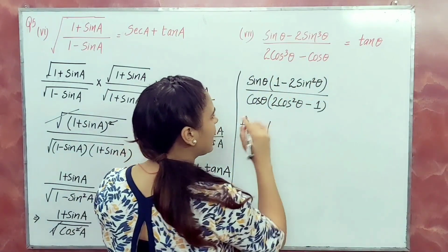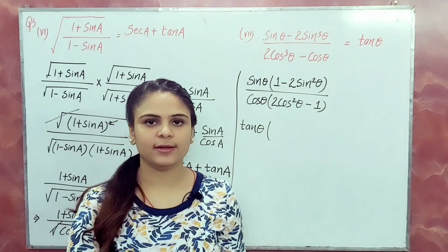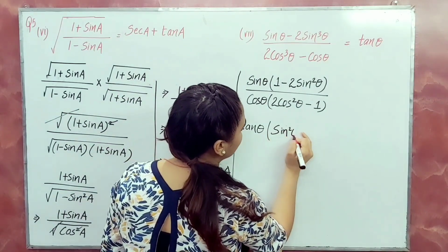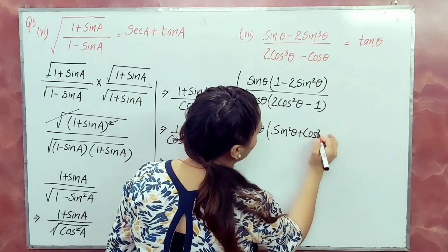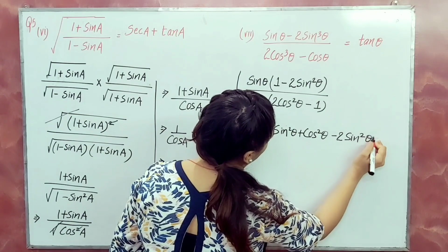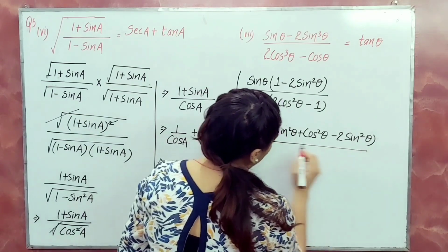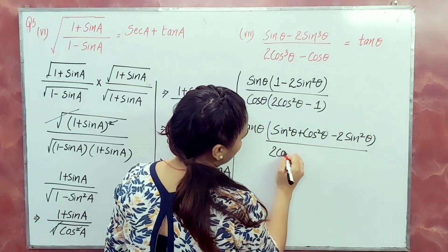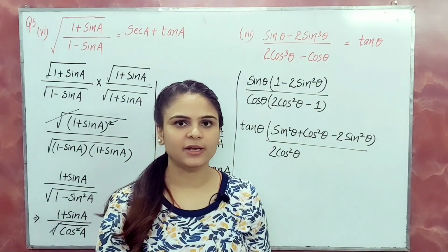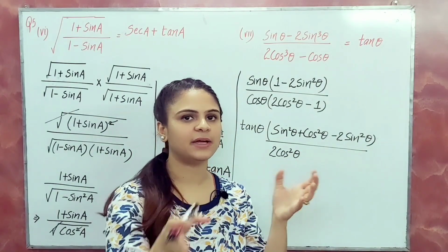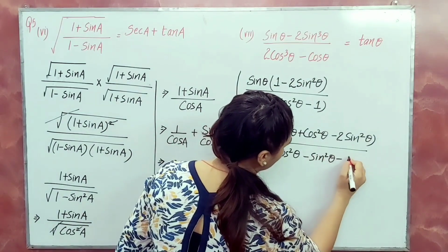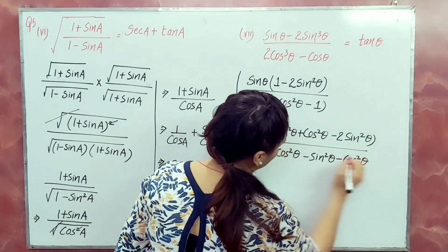Now we can write 1 as sine square theta plus cos square theta. So I'm going to write here sine square theta plus cos square theta minus 2 sine square theta. And in the denominator, 2 cos square theta. At the place of minus 1, we will write minus sine square theta minus cos square theta.